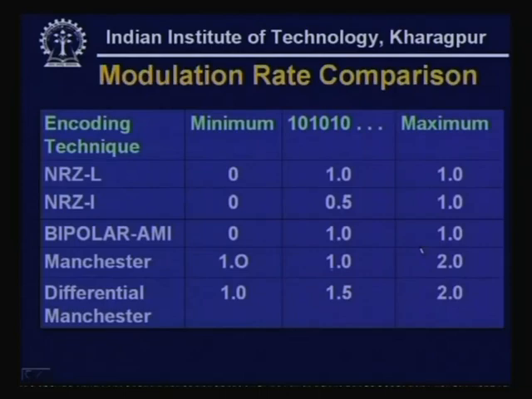However, we have seen that Manchester encoding gives you very good synchronization facility. That means, whenever you are sending a long sequence of zeros or a long sequence of ones, it will not lead to synchronization failure, because at the other end the phase locked loop will be able to regenerate the signal without any problem.